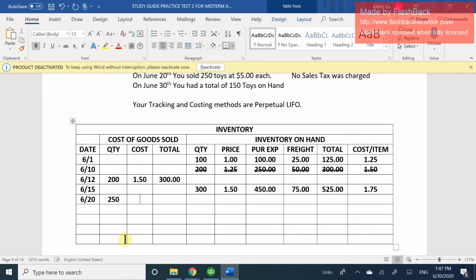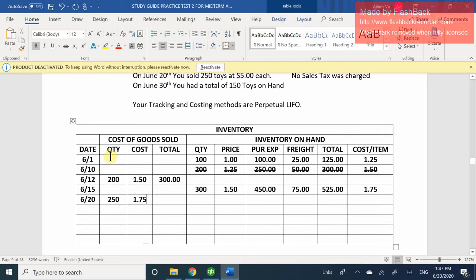Okay. So what am I going to put here? Am I going to put 5 or am I going to put a different number? Put the 1.75. Yes, you're going to do 1.75, because what costing method are we using?